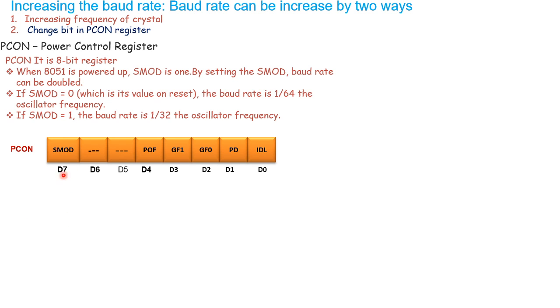We have to focus on the SMOD bit, that is the D7 bit.